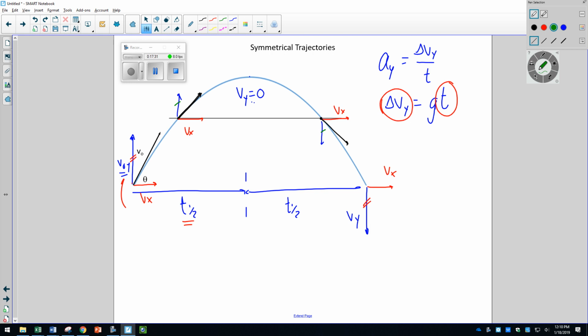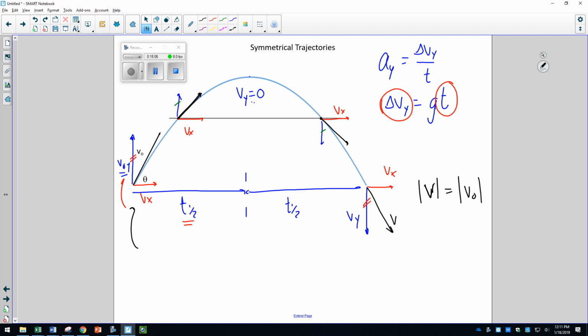Here's something else that's pretty cool. Because at the beginning, our initial velocity has the two components that you see here, v_x and v naught y. And at the end, v_x is the same. v final y is, well, the same size. It means that that total velocity has the same magnitude as v naught. So magnitude of v and magnitude of v naught are the same thing.